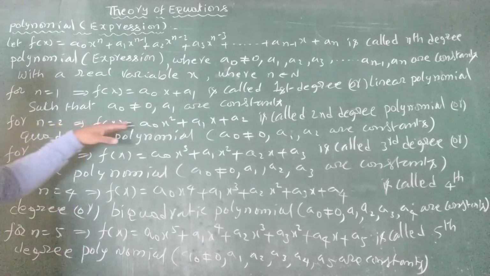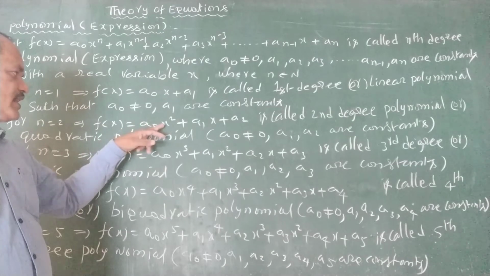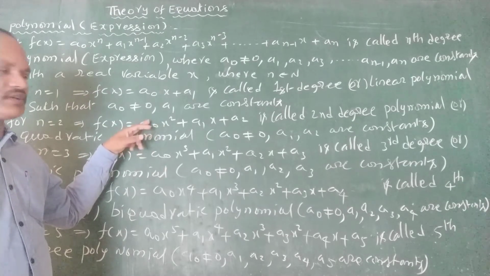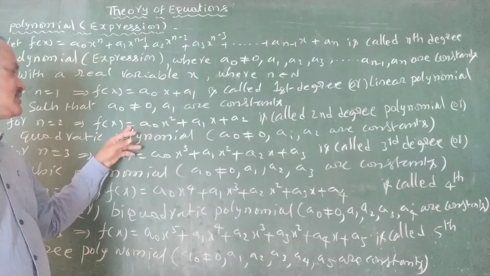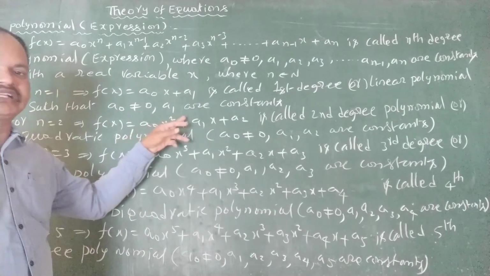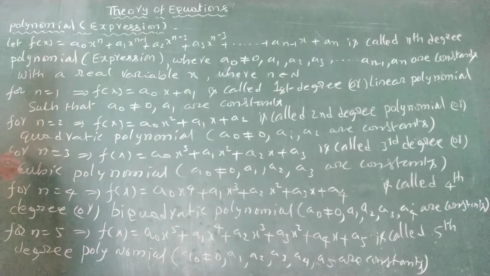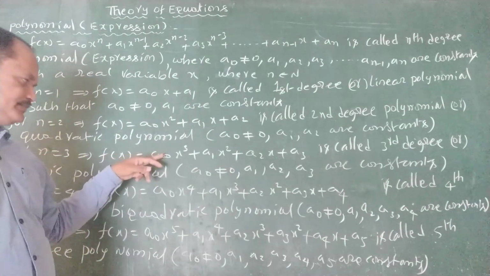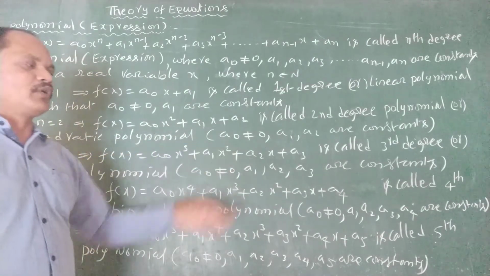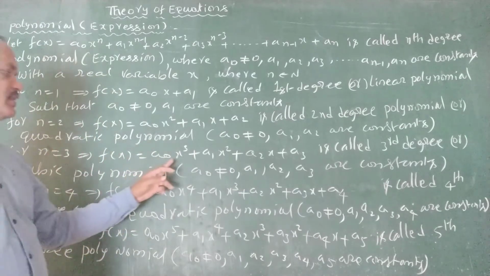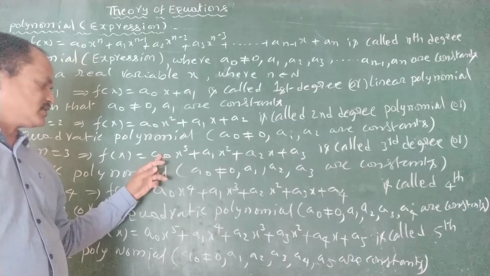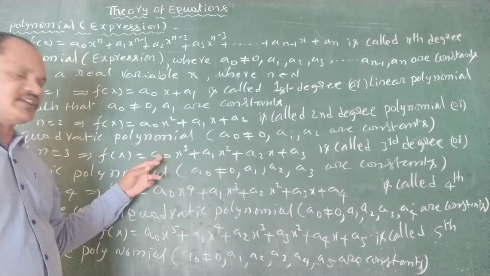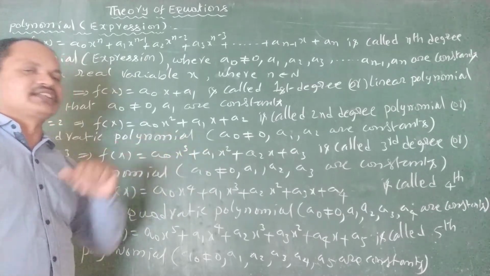For a second degree polynomial, the coefficient of x square is not equal to 0. Suppose the coefficient of x square is equal to 0, then this is not a second degree polynomial, then it is a linear polynomial. Now for n equal to 3, it is a cubic polynomial. For a cubic polynomial, the coefficient of the first term must not be equal to 0, since if it is 0, then it is a second degree polynomial.